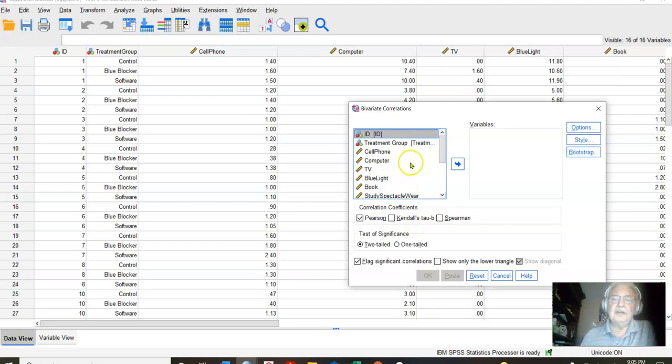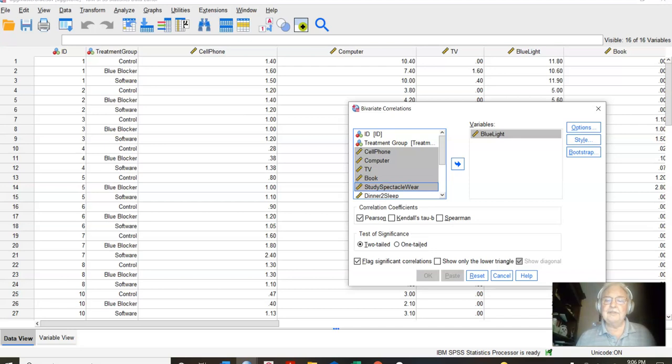Okay, so let's look at our correlations. We're just going to go across treatment groups for this. We're going to look at cell phone usage, computer minutes, TV, the blue light. Actually, maybe we'll start with blue light because that's basically a sum of cell phone, computer, and TV, and then there's books, which of course have no blue light, unless there's maybe blue light reflecting off the white page.